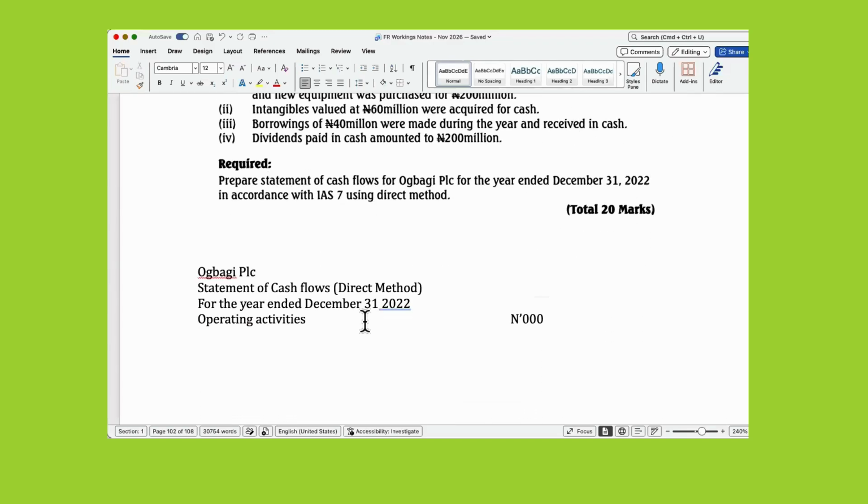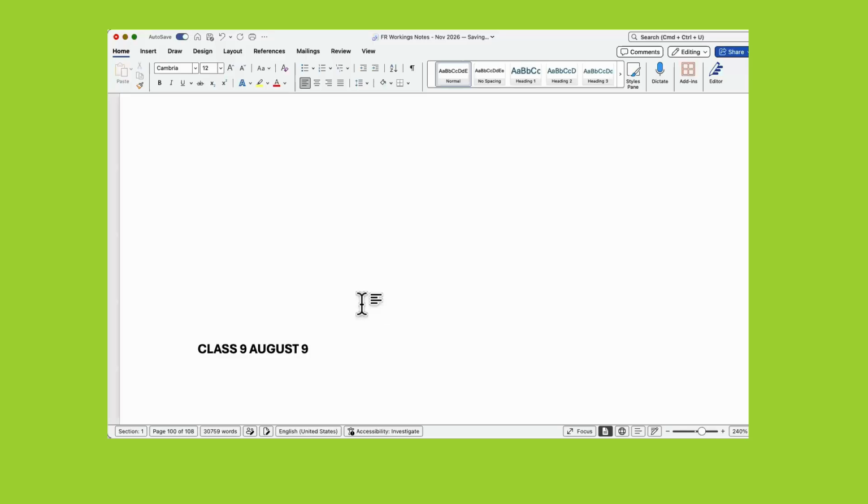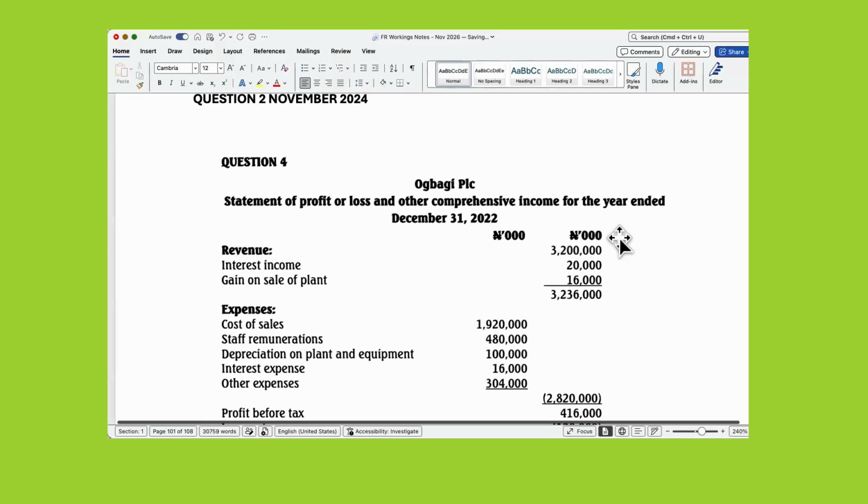So my cash receipts or my cash sales, let me just write it the way the standard put it. Cash receipts from customers will be that 3.2 million minus 36,000. 3.2 million is the total sales that include both cash and credit sales. But what goes to my statement of cash flows is my cash sales. So I remove the credits.